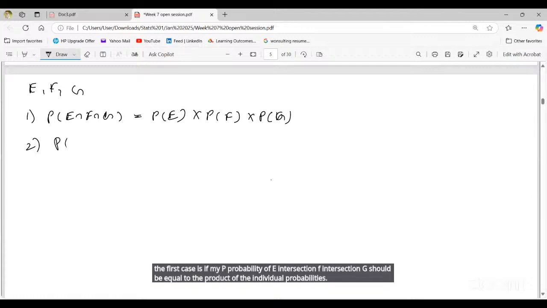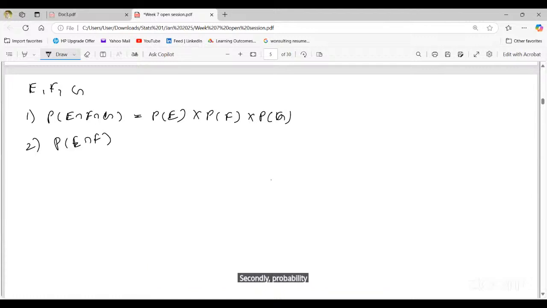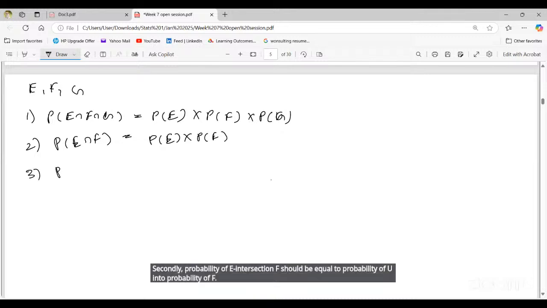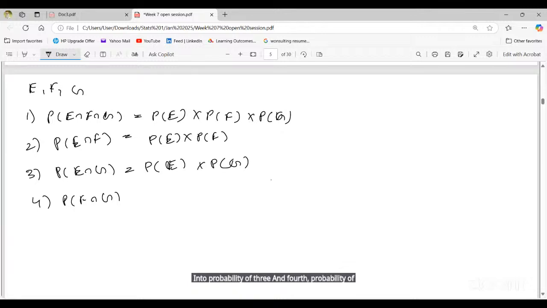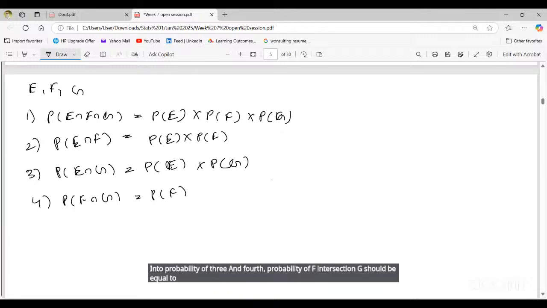Second, the probability of E intersection F should equal the probability of E into the probability of F. Third, the probability of E intersection G should equal the probability of E into the probability of G. And fourth, the probability of F intersection G should equal the probability of F into the probability of G.